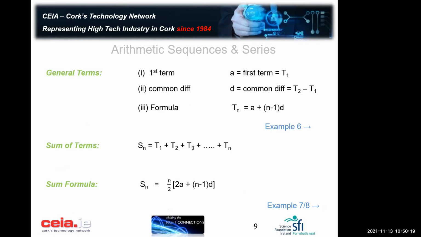And the formula for an arithmetic sequence is T of n is equal to A plus n minus 1 D. That's your standard formula for an arithmetic sequence. So you need to understand those three terms for working with arithmetic sequences.